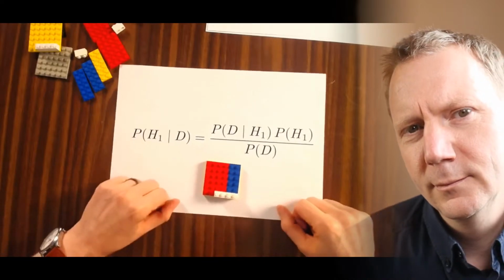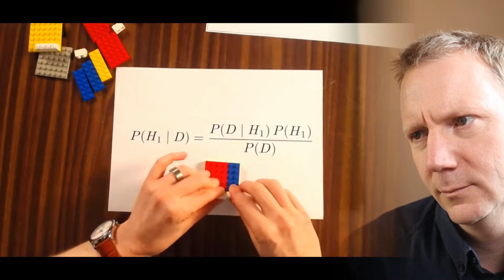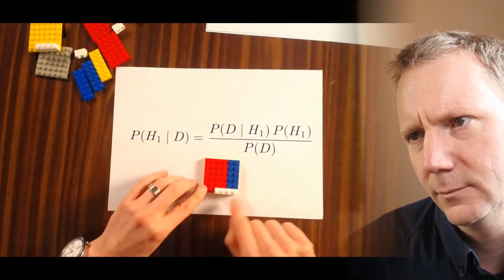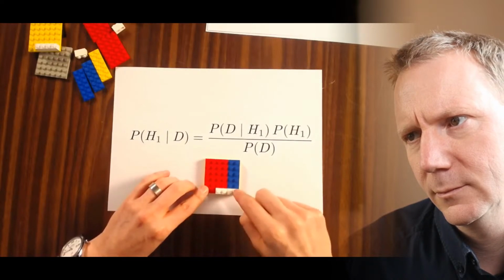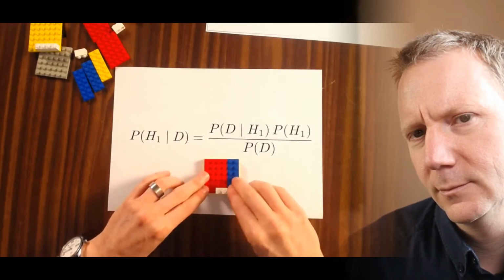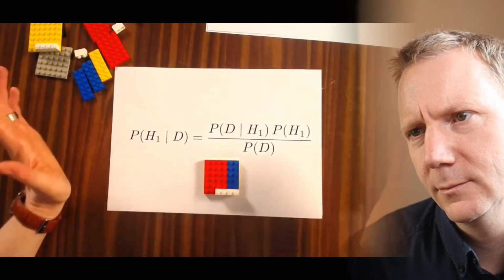Intuitively, this is quite simple because you can see that half of the white pegs are on a blue space and the other half on a red space, and therefore the probability that a blue or red hypothesis underlies a white peg equals 0.5. That is half. That is intuitive.